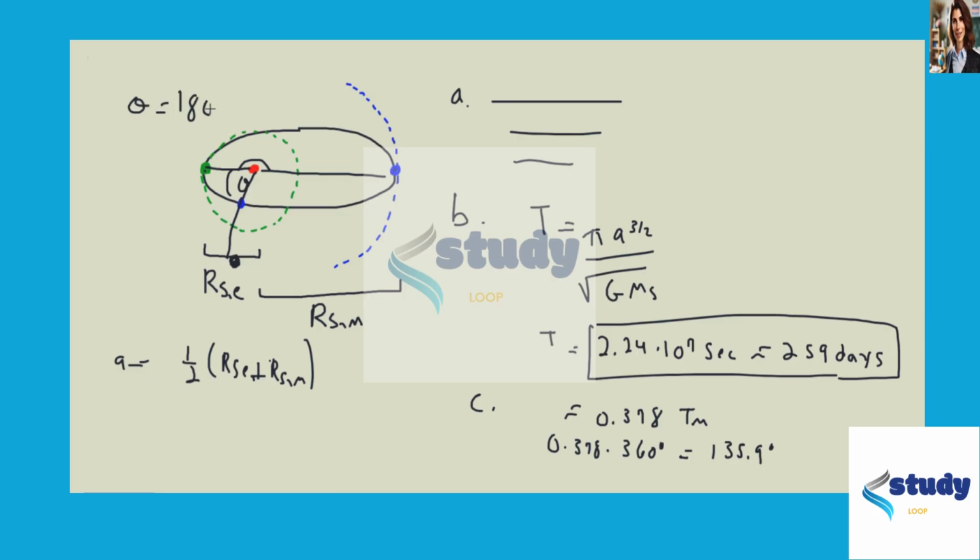So 180 minus 135.9 is 44.1 degrees. So we actually launch when Mars is only 44.1 degrees between its line and the sun, Earth's line and the sun. And by the time the spaceship gets to the right point, Mars has traveled all the way around in this orbit and made it to where it needs to be.